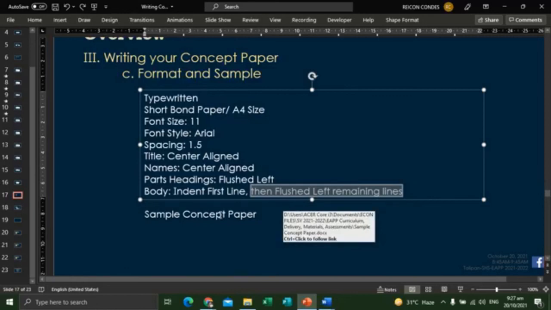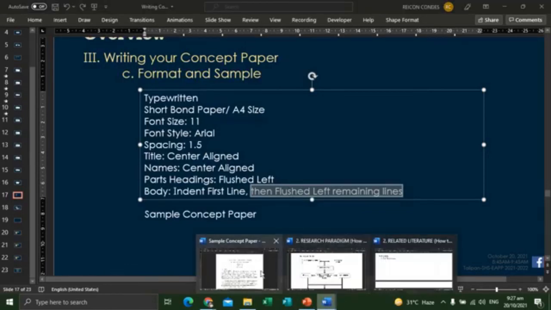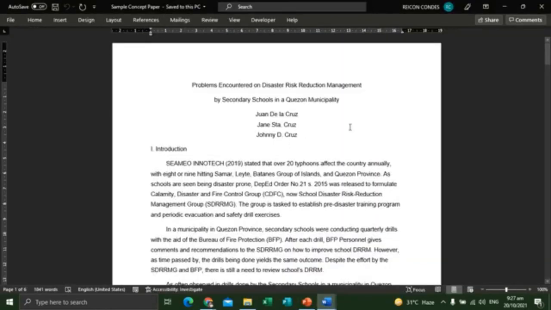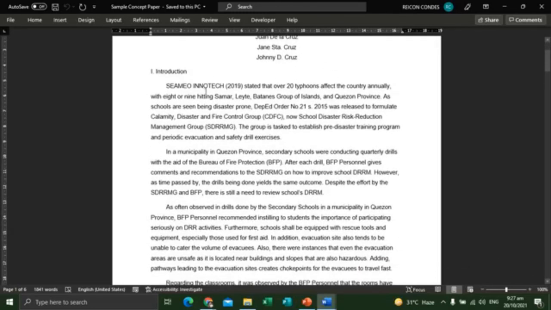And then sample concept paper. I already posted this in our Facebook group, but then I'll also show this to you. Ayan. So, this is a sample concept paper. Again, with a disclaimer na nakapost din that the citations and the contents are somehow tweaked for the sake of giving examples. Okay, so intro.